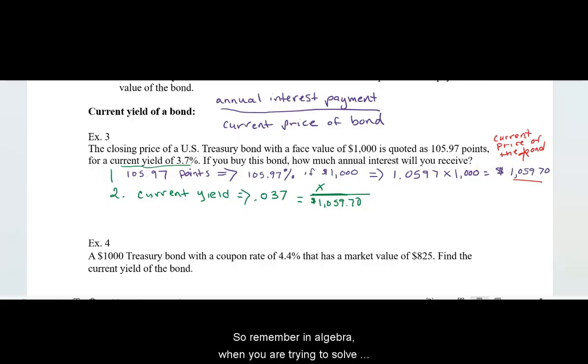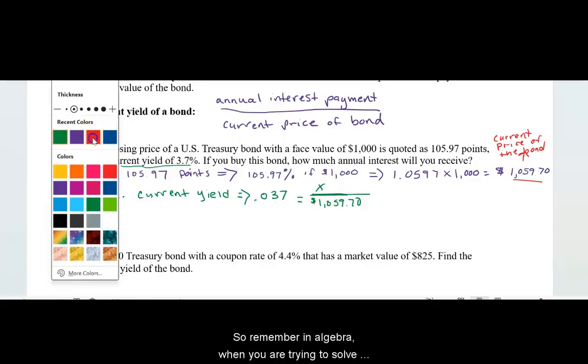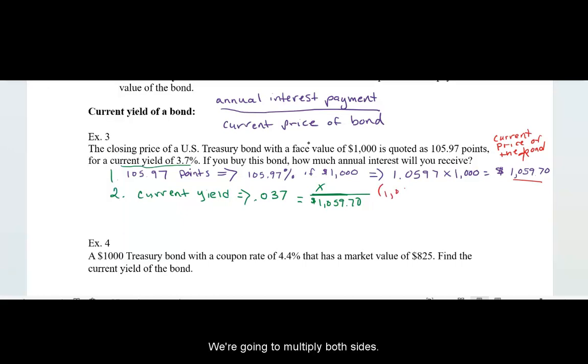So remember in algebra, when you are trying to solve for X but you're dividing, we do the opposite. We're going to multiply both sides.